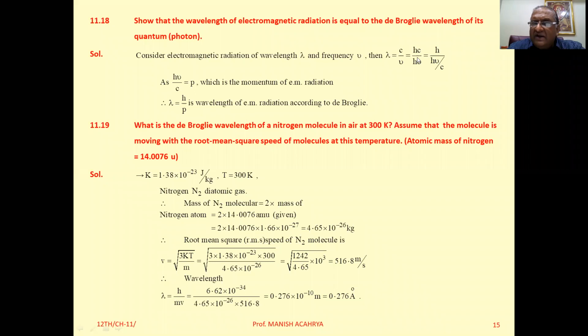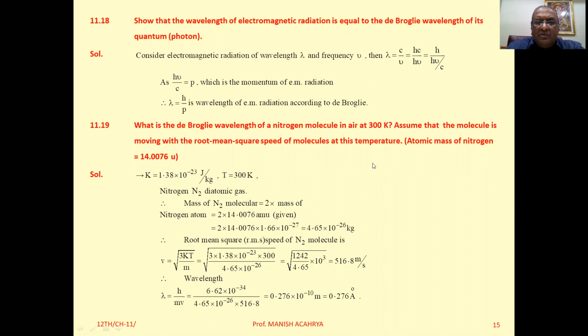Then we can rewrite this equation as h upon h nu by c, but h nu by c is momentum. So we can write lambda equal to h by p, and that is the de Broglie wavelength. Simple thing. Clear?